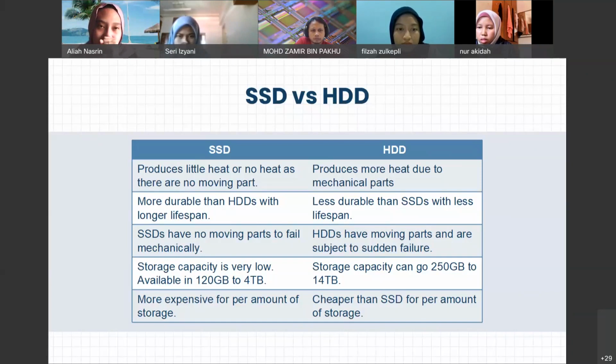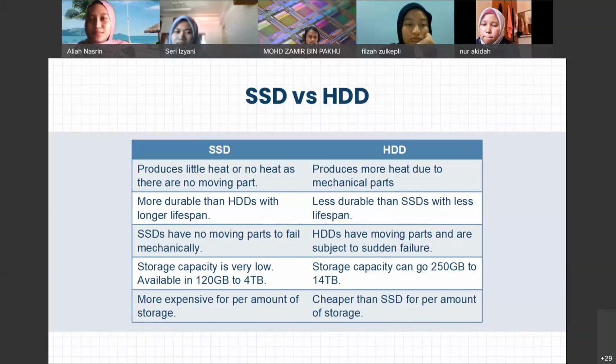Next, the SSD is more durable than the HDD in extreme and harsh environments, with a longer lifespan.